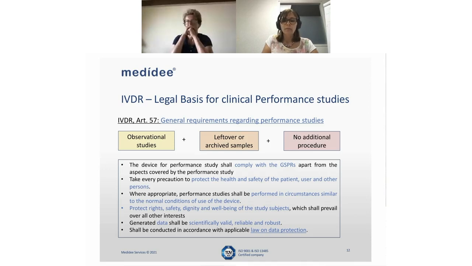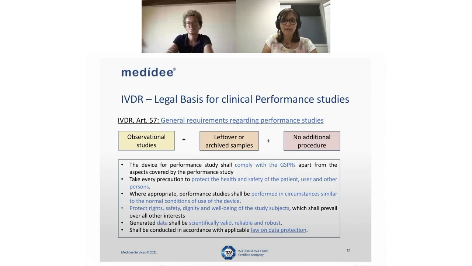Of course, apart from those that you as a legal manufacturer want to address within the scope of the clinical performance study. Also, it is really important that throughout the study, the health and safety of the patient is always protected, as well as the health and safety of the user and other persons involved within the study itself. Such a study should always be performed under similar circumstances as the normal conditions of use of the device.